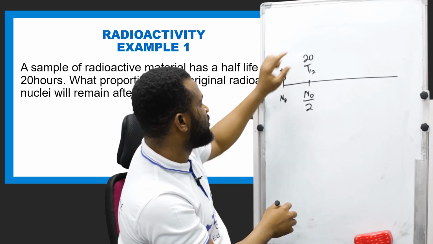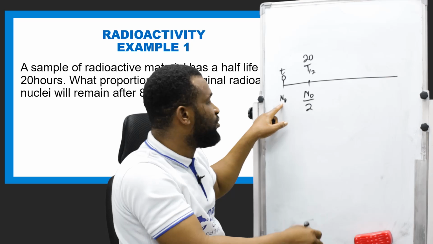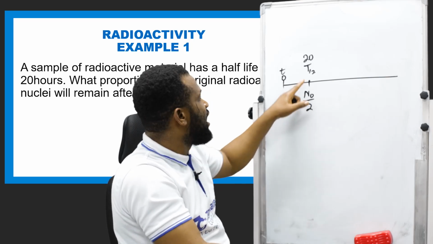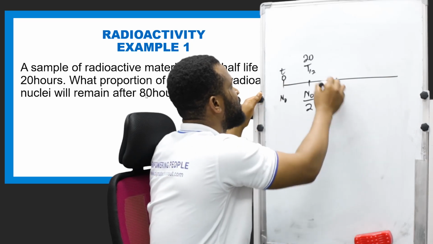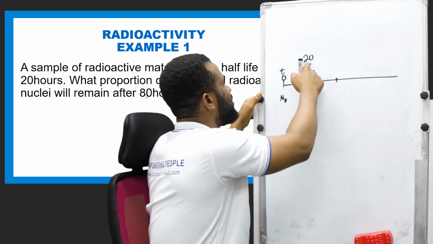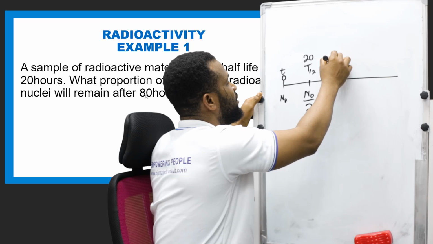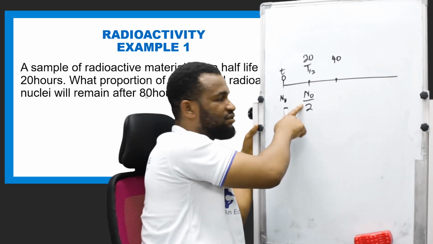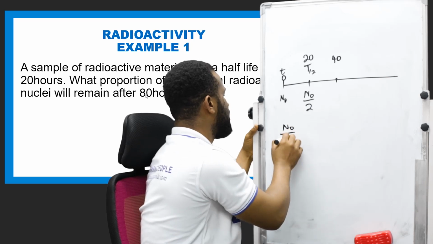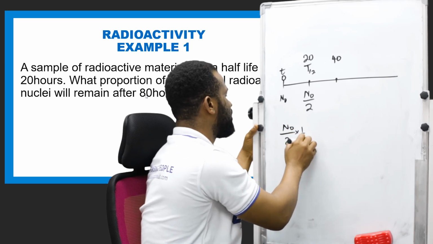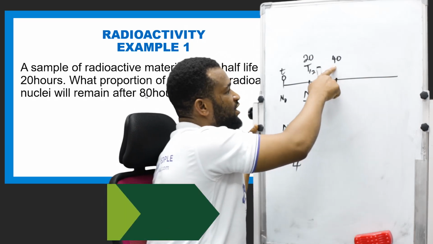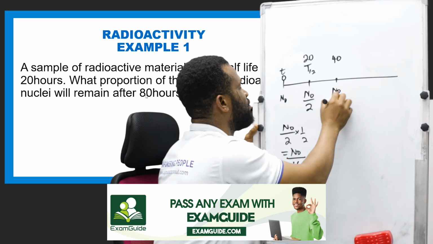After 20 hours, that original quantity, which I don't know, is remaining half. After another 20, from the beginning this is 20, another 20 is going to be 40 at this point. What will be left? Half of this one. So that is N naught over 2 times 1 over 2, which is N naught all over 4. So after 40 hours, I'm going to have N naught all over 4.